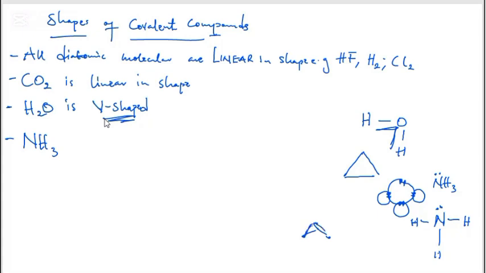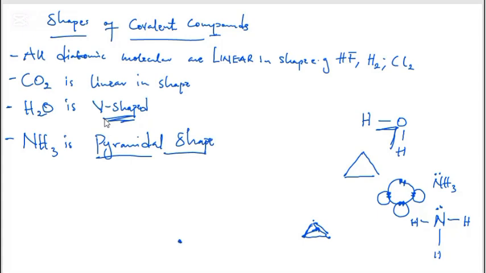This is a pyramid where this is your peak. This is your nitrogen right here, while these 3 points, 1, 2, 3, are your hydrogen. So that's why we say ammonia is pyramidal in shape. I hope I explained it well.